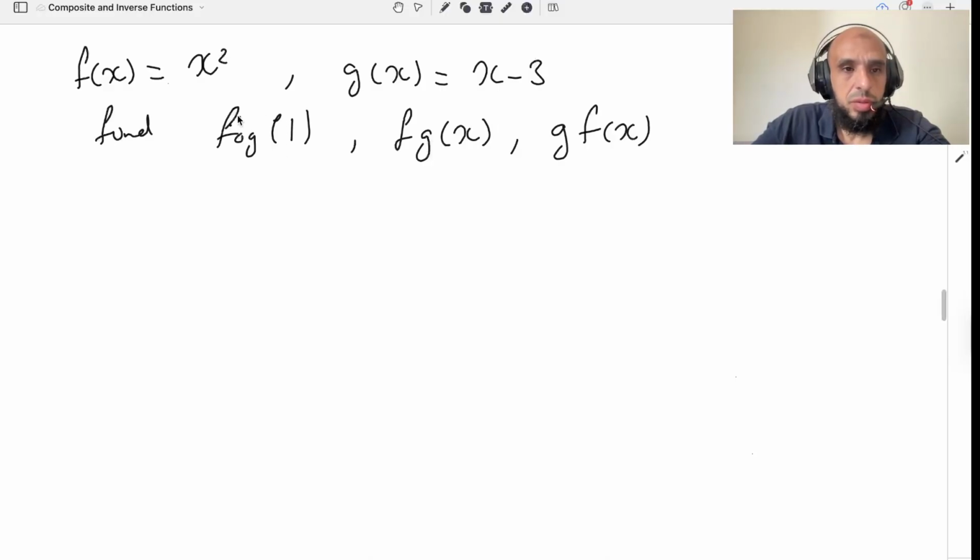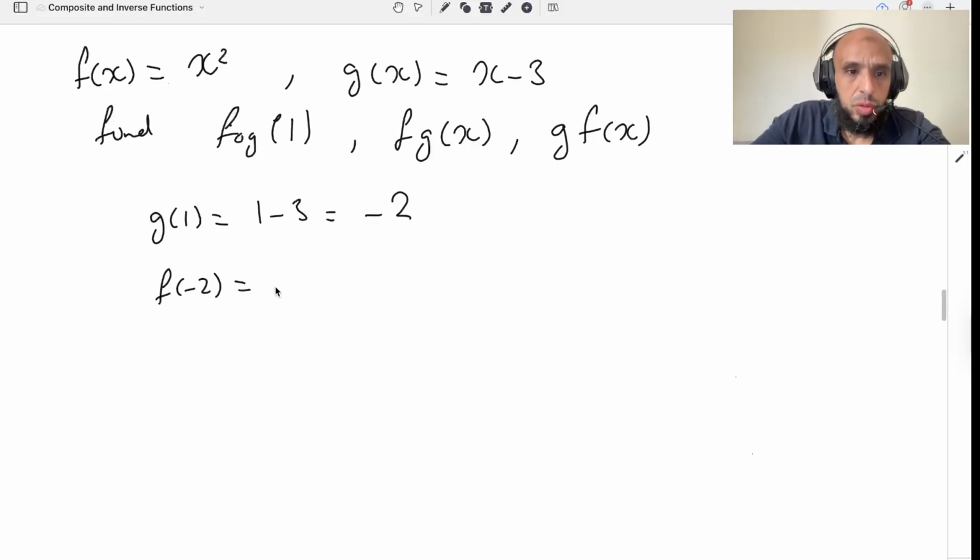Okay, first we get f of g of 1, so we apply g of x to 1, so g of 1 equals 1 minus 3, which is equal to negative 2. Then f of negative 2 is going to be negative 2 squared, which is equal to 4.